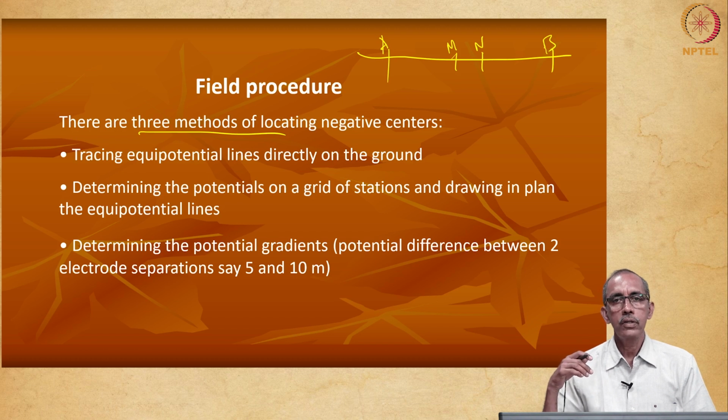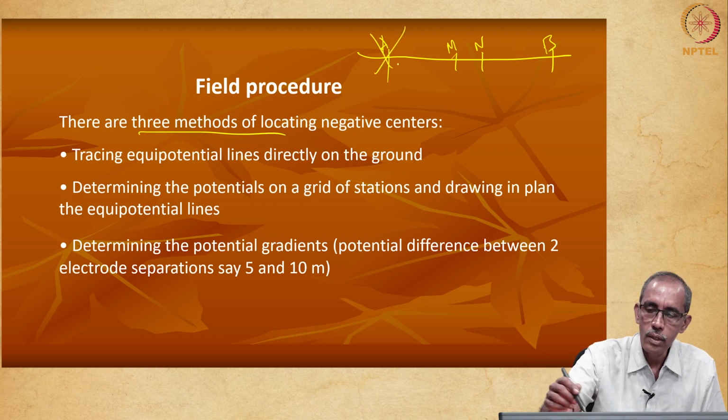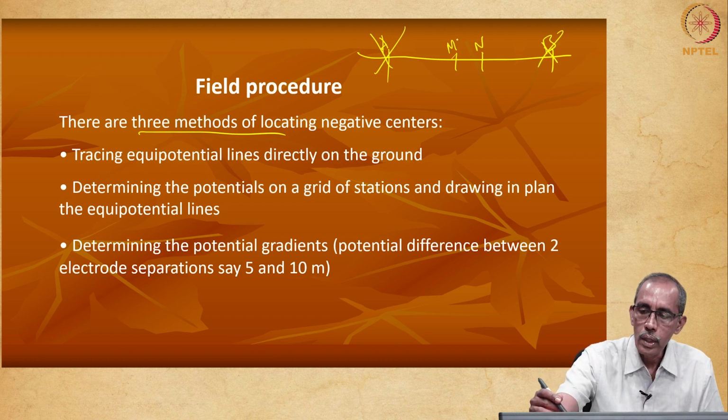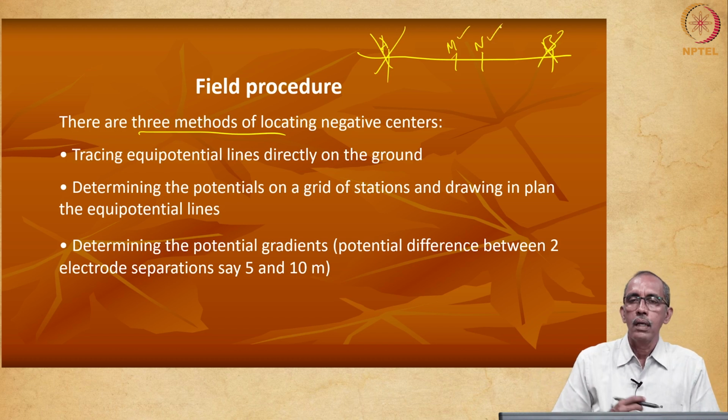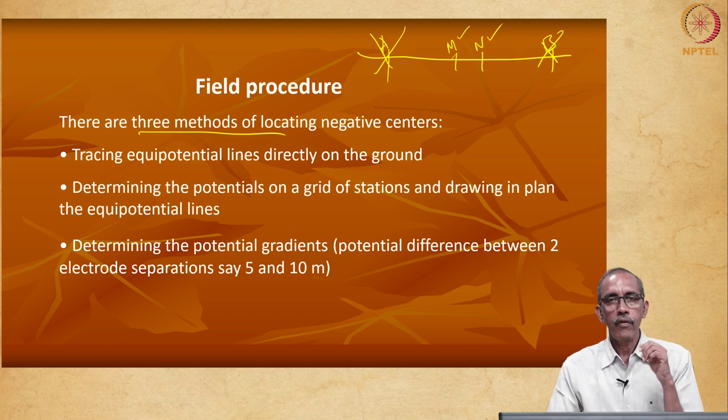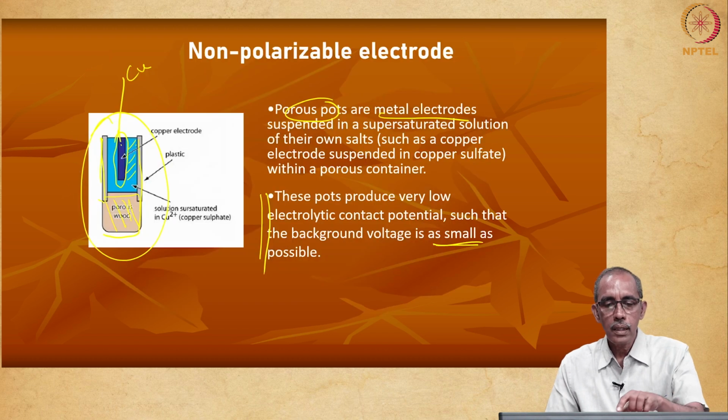Now we are looking into the cell potential method. Here we are not going to apply any signal into the earth, which means there is no need for these 2 electrodes. We are going to just measure the natural potential. So, 2 electrodes are sufficient. We are going to make use of 2 electrodes and measure the potential difference between them. How are we going to measure the potential?